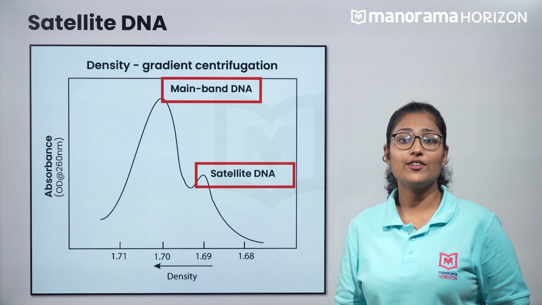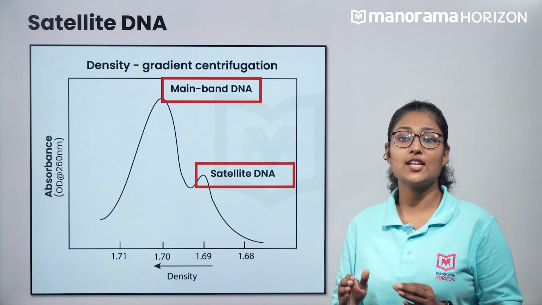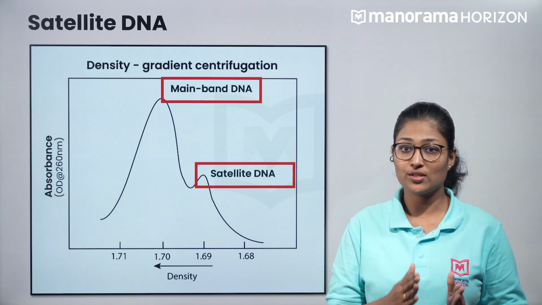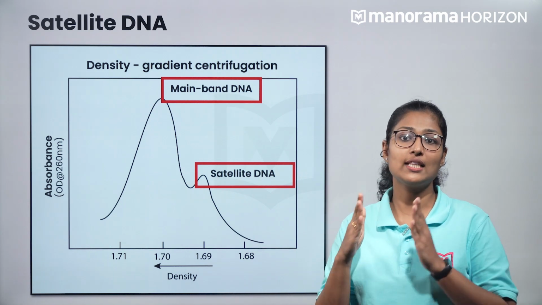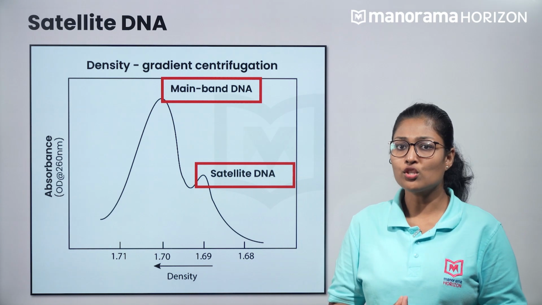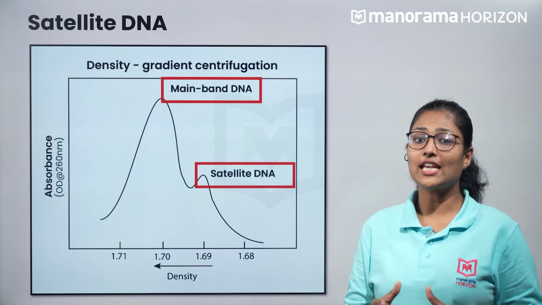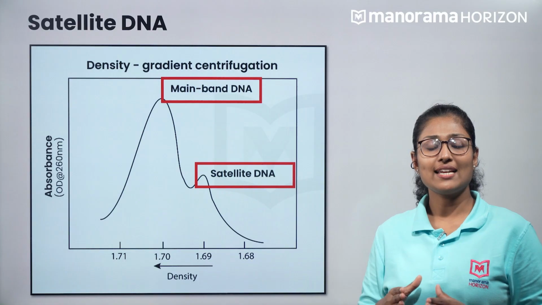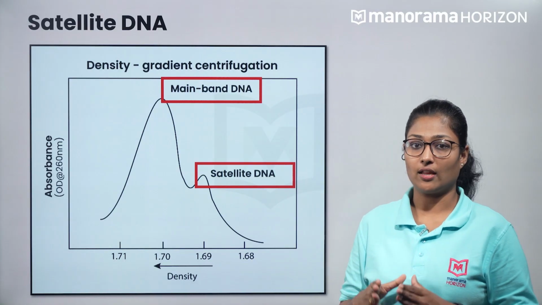The density of DNA depends on the percentage of GC and AT base pairs, that is guanosine, cytosine and adenosine and thymine base pairs. So, different percentages of these base pairs impart different densities. Satellite DNA is repetitive DNA.